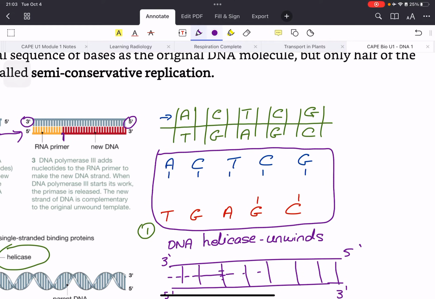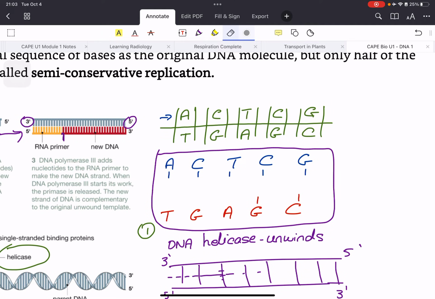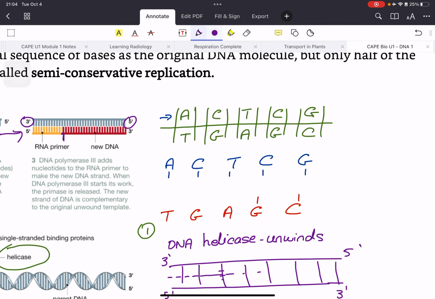And we know A goes to T, C goes to G, T goes to A, G goes to C. We know the bases by now, how they pair up. So now, when the chain split apart, you will have one chain, which is this one, the top chain, and then this chain is the bottom chain. So what DNA polymerase does now is add on bases to these chains here.